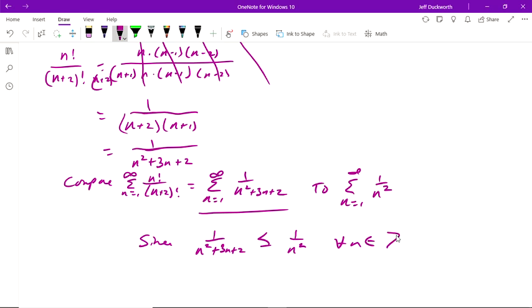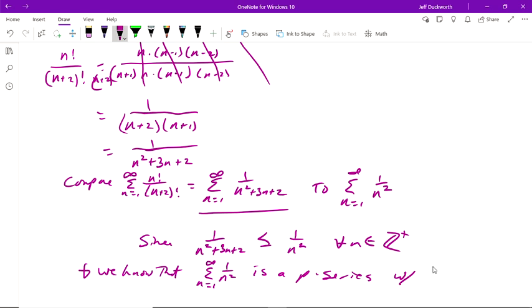I guess we don't want the positive integers, because again, we're going from 1 to infinity there. Since we have this, and we know this series is a p-series with p equal 2, which is greater than or equal to 1, it converges.